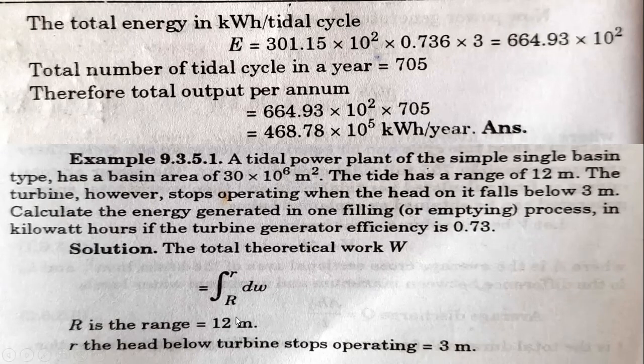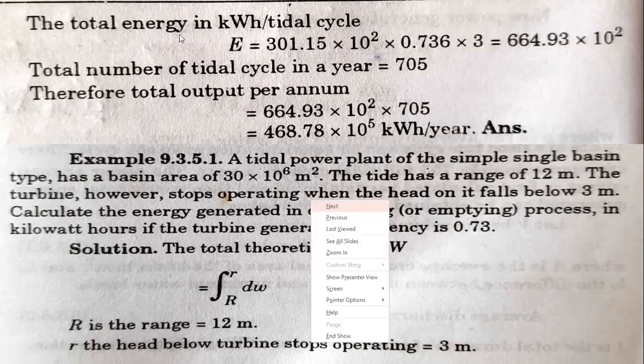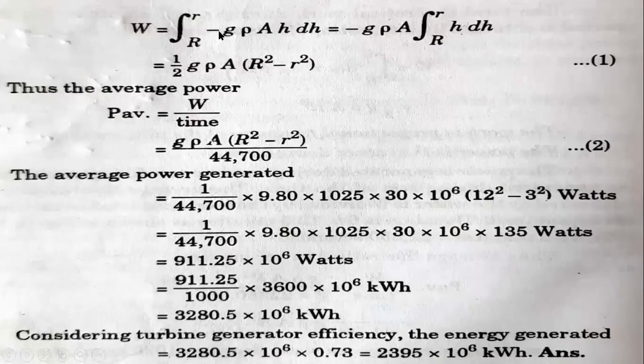So the work done ranges from capital R to small r, maximum to minimum, dW. We know the formula: work done is equal to the integral from capital R to small r, maximum range to minimum range, of G rho A h dh. If you integrate this h, you will get 1 by 2 G rho A (R square minus r square).